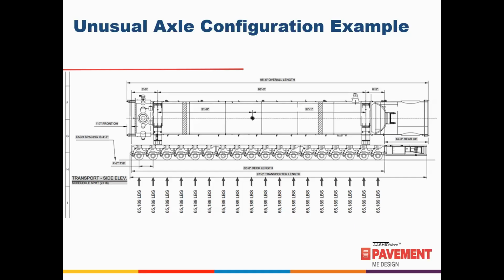So we could call that 18 single axles, or 9 tandem axles, or 6 tridem axles. Doesn't work out for quads. So you can play around and combine those axles together, and then input that number of axles into the analysis.